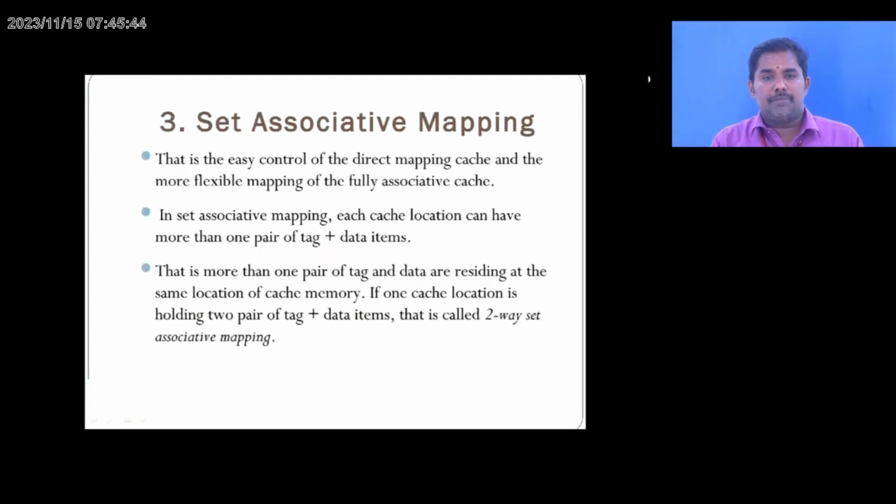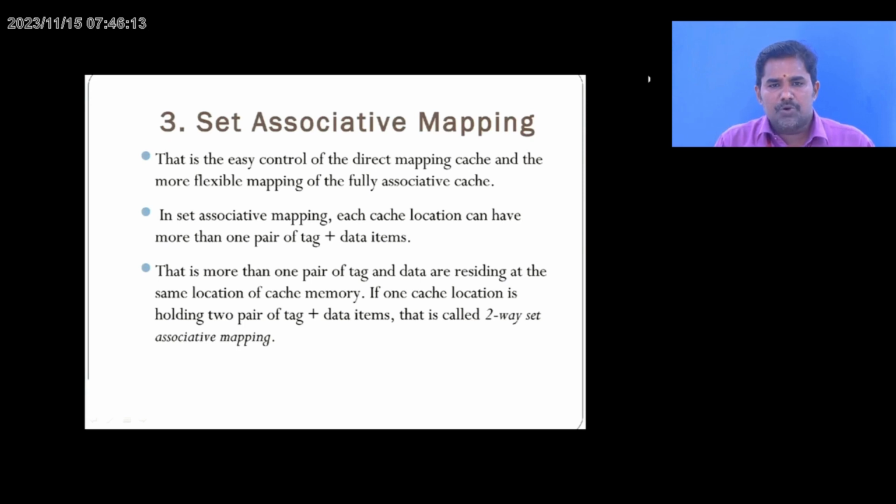Set associative mapping combines the easy control of the direct mapped cache and the more flexible mapping of the fully associative cache. In set associative mapping, each cache location can have more than one pair of tag plus data item. In direct mapping we are done with only the tag; here we also include some more items with the tag.